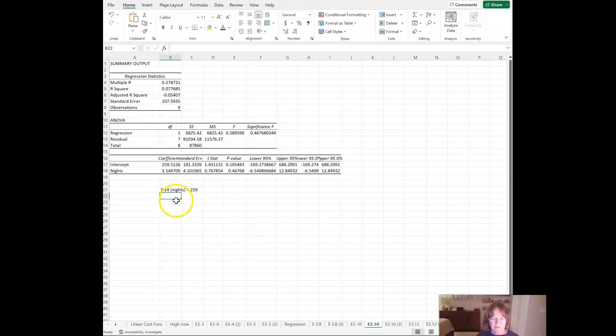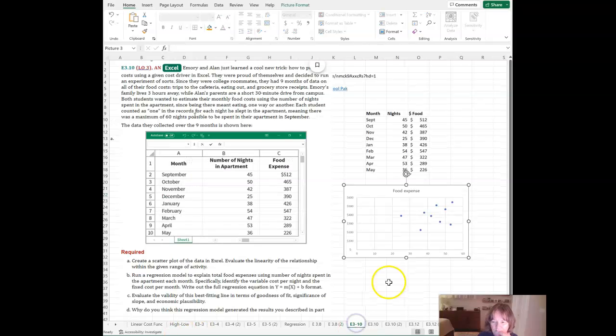That would be what the total cost would look like: 3.14 times the number plus 259. Does the 259 make sense? Yeah, probably. They're saying 200 to 300, so 259 might be a little bit higher, right about there. That's the fixed cost the formula tells us.